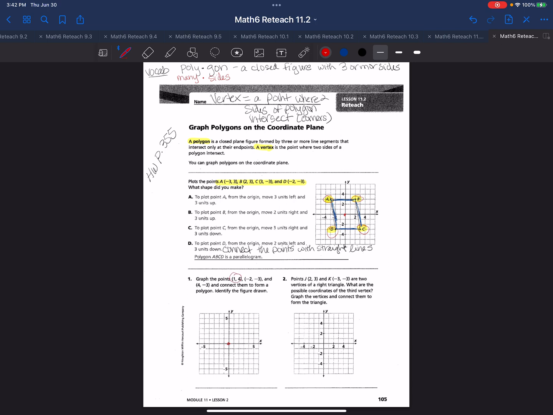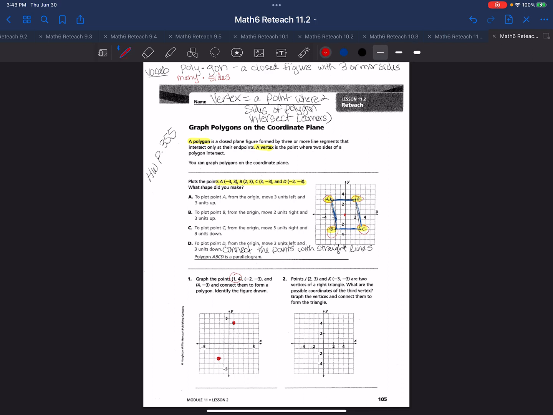So I go to the right 1, and up 4. 1, 2, 3, 4. That's my first point. Then I go back to the origin again and plot -2, -3. So -2, I go to the left 2 and then down 3. That's my second point.